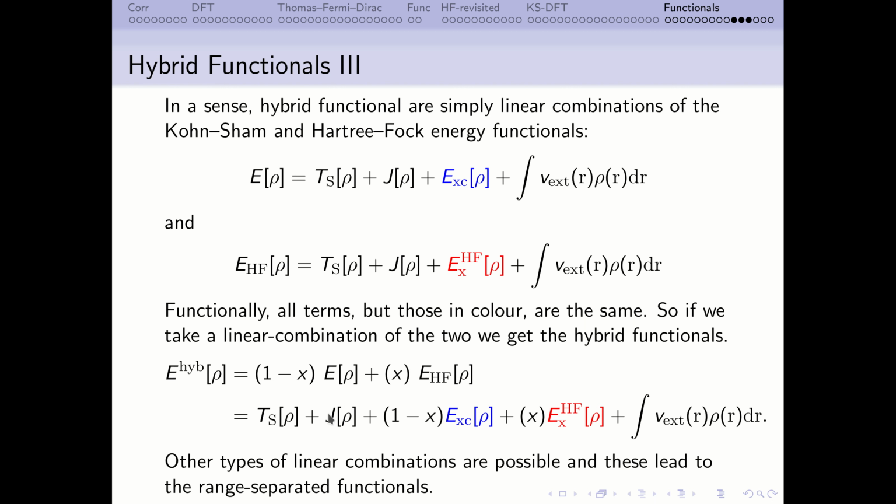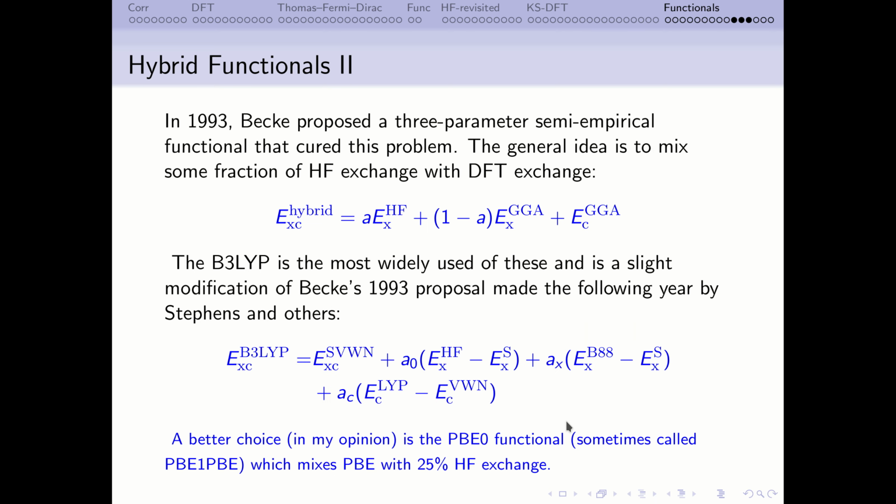Add them together, you get something that looks identical to the Kohn-Sham part or the Hartree-Fock part, but now we have 1 minus x of the exchange correlation from the density functional and x times the exchange part from the Hartree-Fock. Now if you compare this to what Becke has done, it's identical.